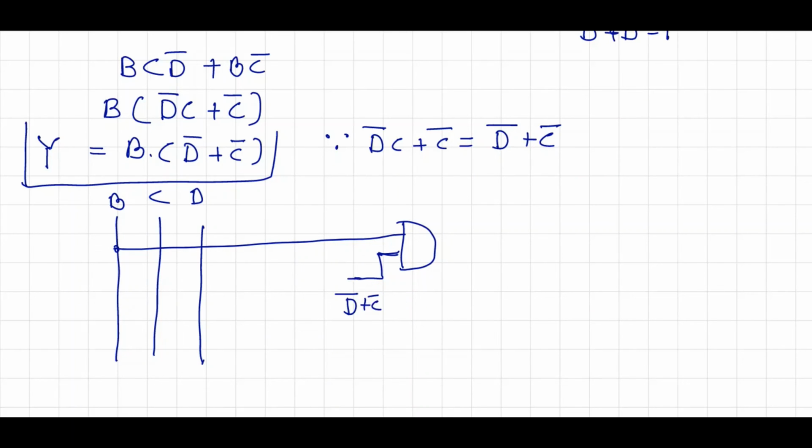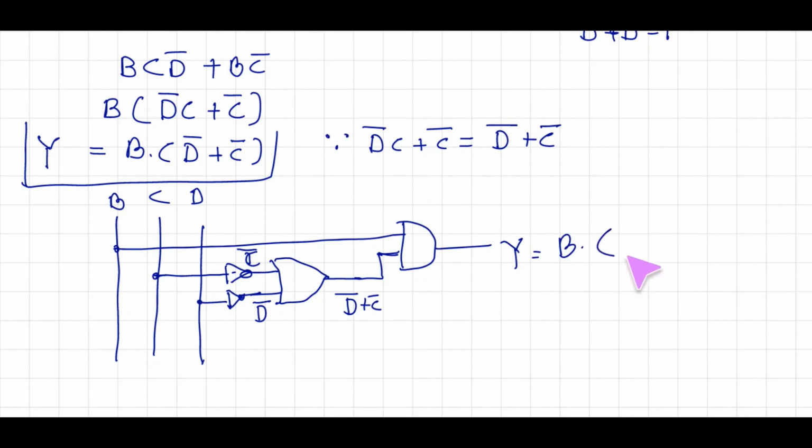For this we need an ORing operation, to which one input must be c bar and another input must be d bar. So here we need to connect a NOT gate, and another NOT gate, connected to C and to D, and this way we get y is equal to b dot d bar plus c bar.